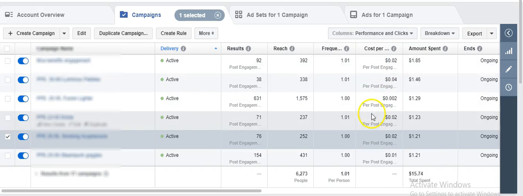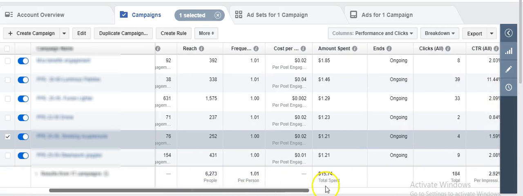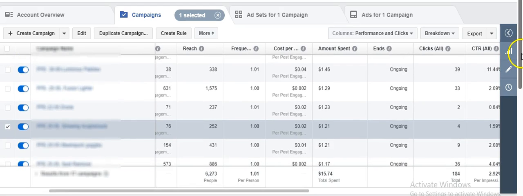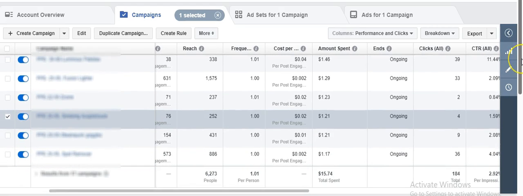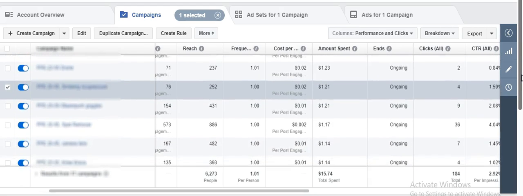Through performance and clicks, let me scroll over. First of all, I'm going to scroll down and show you the cost per engagement. 4 cents, 2 cents, 2 cents, 1 cent, 1 cent.